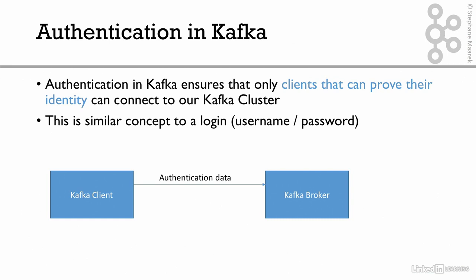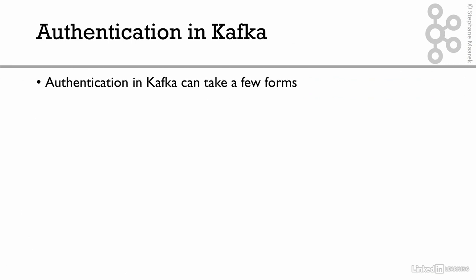So the Kafka clients will say, hey, here's my username and a password or something similar, and it will give Kafka some authentication data. Kafka will verify the authentication, making sure we are who we say we are. Then finally, once Kafka is happy, we are authenticated and Kafka knows who we are. With this, we can know more about the clients and understand what they can and cannot do.